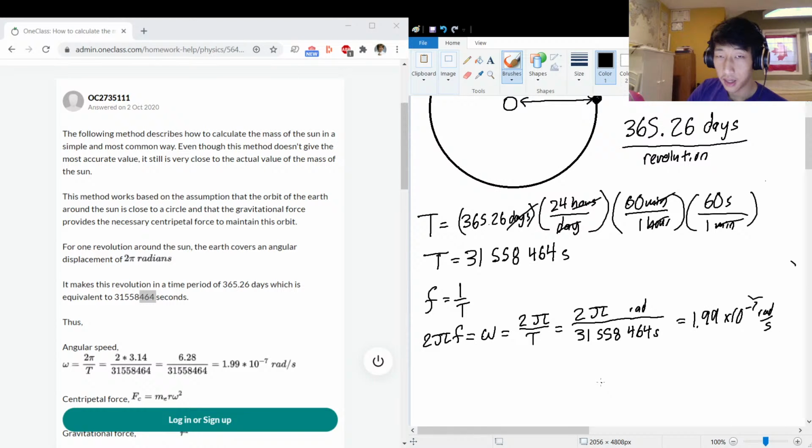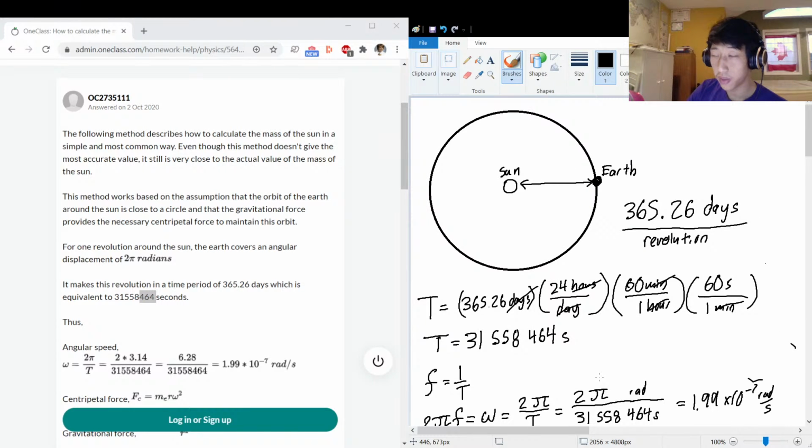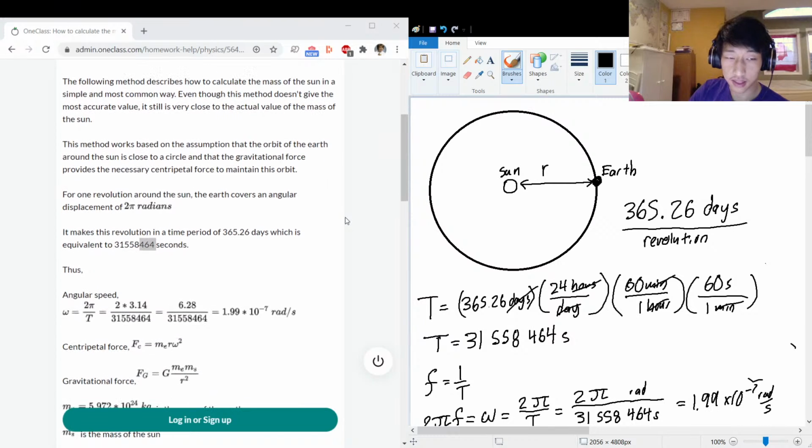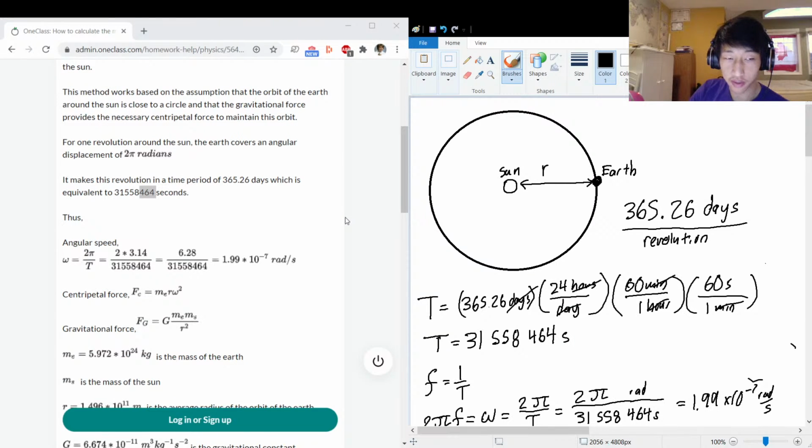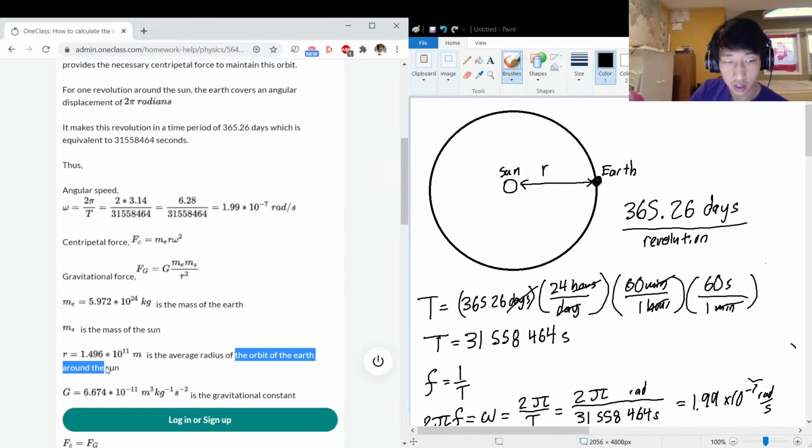Okay. And let's just say that the Earth has a constant distance away from the sun, and we know that constant distance is going to be r. We would want to search up the distance between the Earth and the sun.